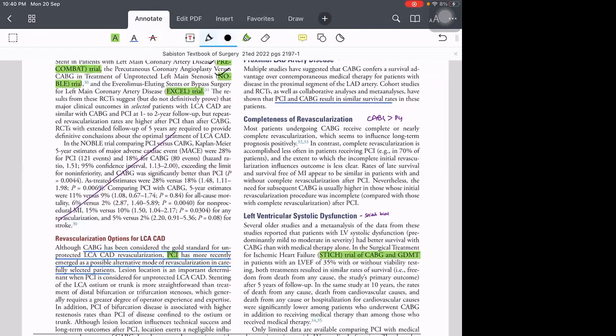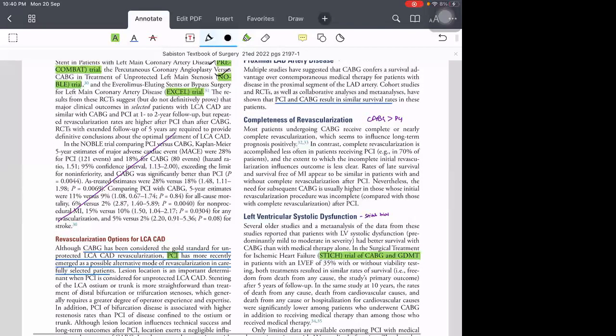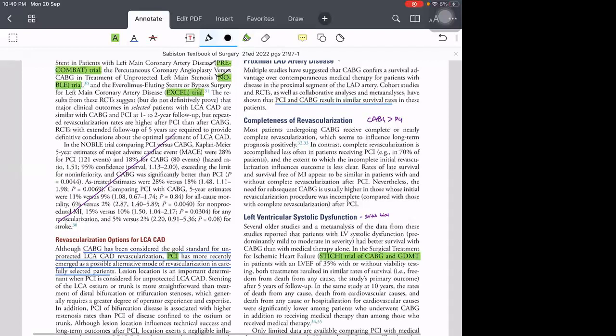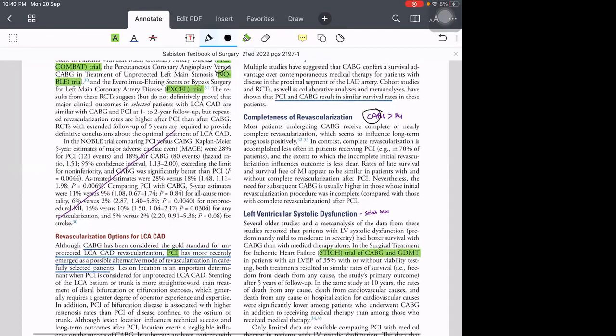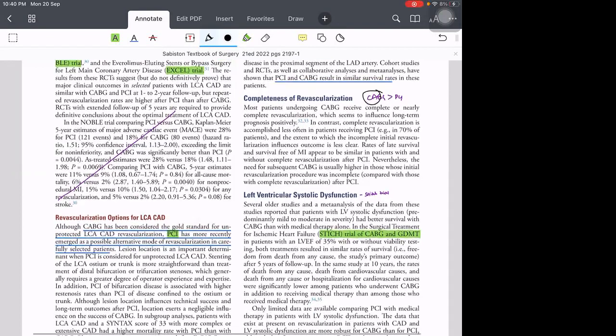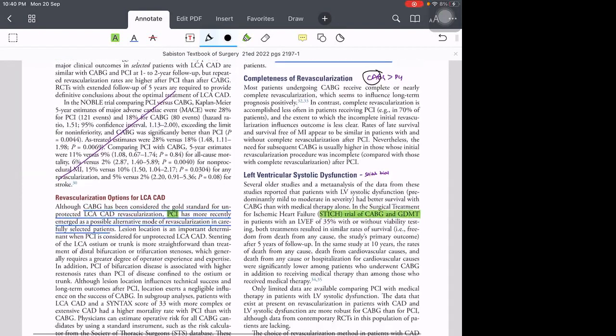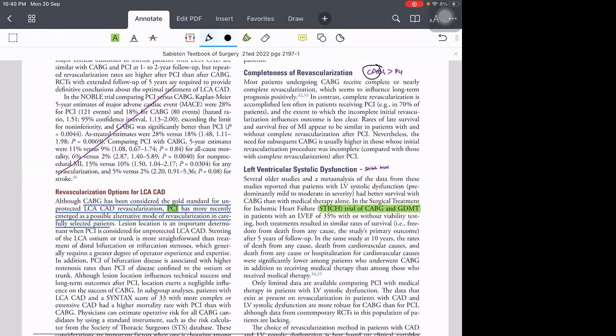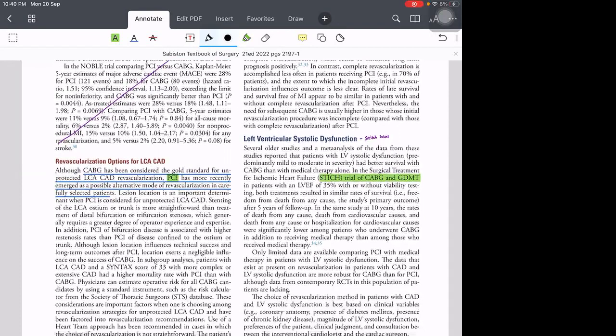So for completeness of revascularization, CABG is the best. And in case of left ventricular systolic dysfunction, just one trial is there, which is called the STITCH trial. Just remember systolic dysfunction, STITCH trial.